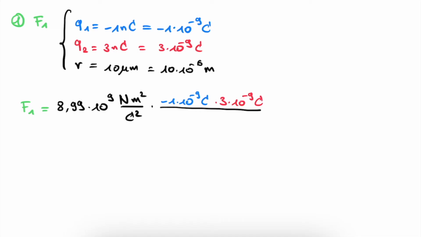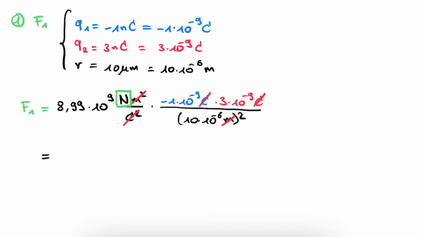And in the denominator, we have r squared, which will become 10 times 10 to the power of -6 meters squared. And as always, let's check our units. This meter squared cancels with this meter because it is squared. This coulomb squared cancels with 1 coulomb here and 1 coulomb there. And we see that we are indeed left with the unit of force, which is newton.